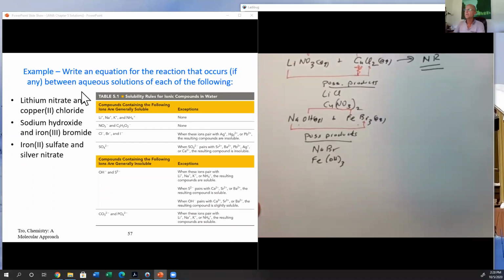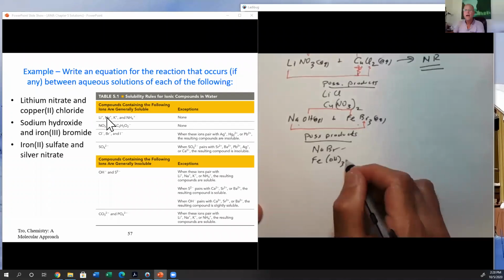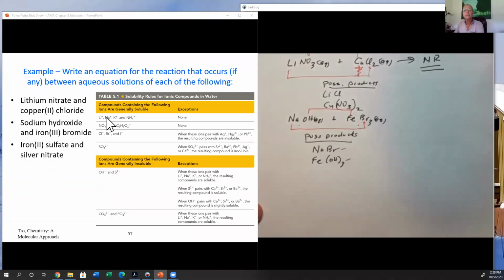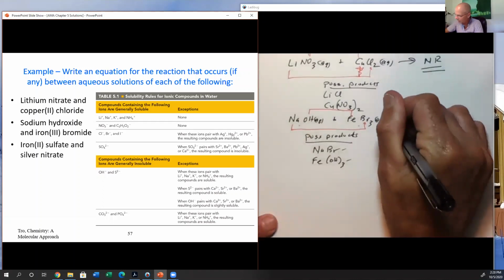And then I look at the solubility rules and I say, aha, sodium bromide, what do I know about that? Soluble or insoluble? Soluble. So that's not going to be a product. What about iron 3 hydroxide? It's going to be insoluble. Insoluble, correct, because hydroxides are generally insoluble, and iron is not one of the exceptions. So then I go, aha, I'm going to have a reaction.